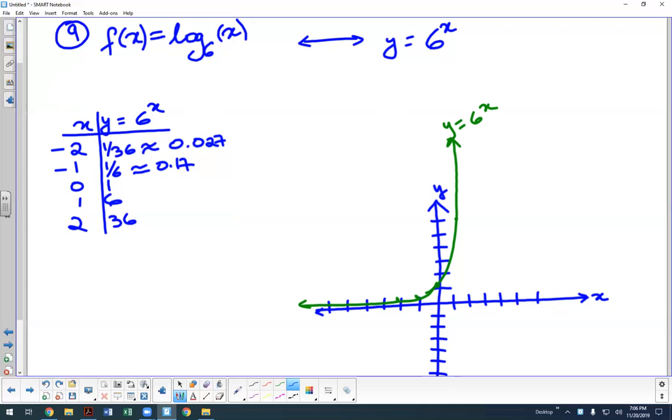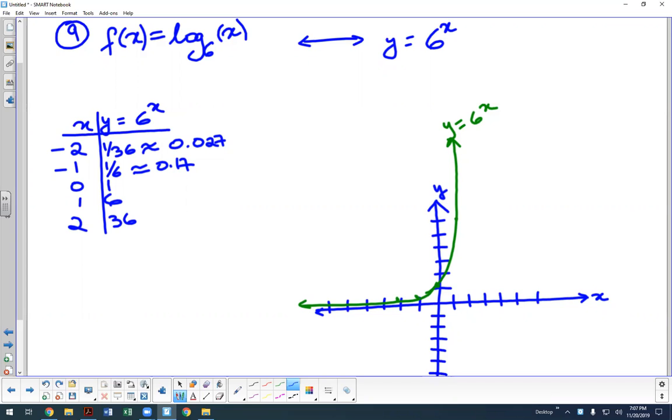So the one for -2 becomes 36, the one for -1 becomes 6. Oh, no, not in that way. They will switch, but not in that way, because you're just bringing these guys to the top and bringing them to the bottom. No. Nope, they don't become negative either.